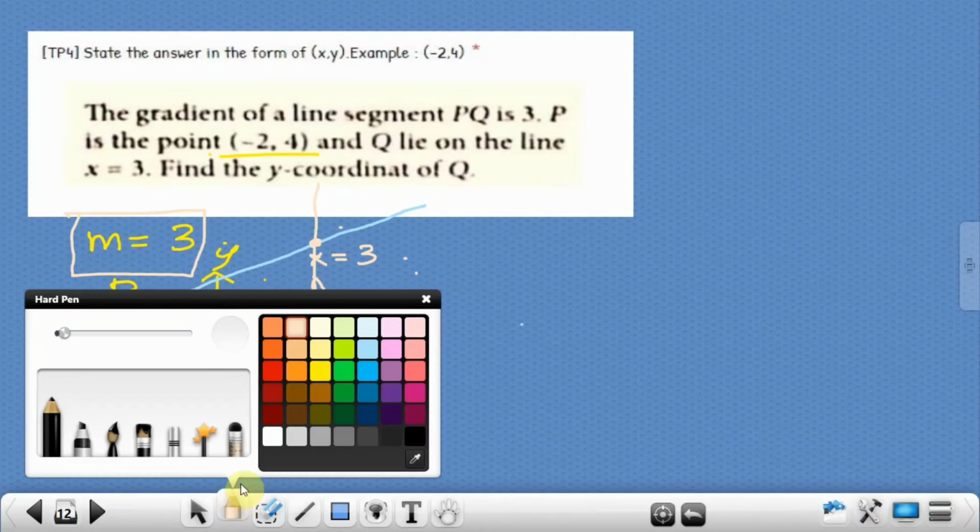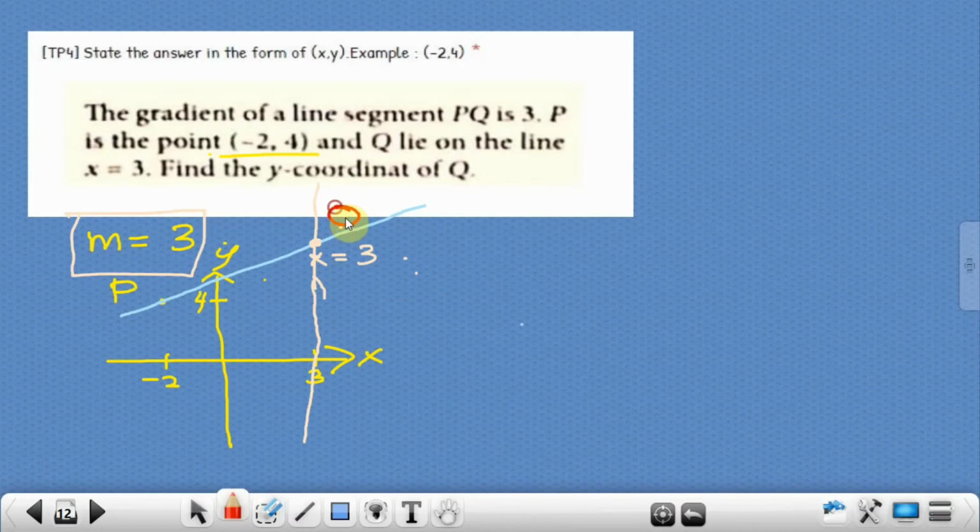We want to know exactly what the coordinate of Q is. The x is 3, but we don't know the y, so let it be y, the unknown. The gradient of PQ: this is -2, 4, so let this be x1, y1 and this be x2, y2.